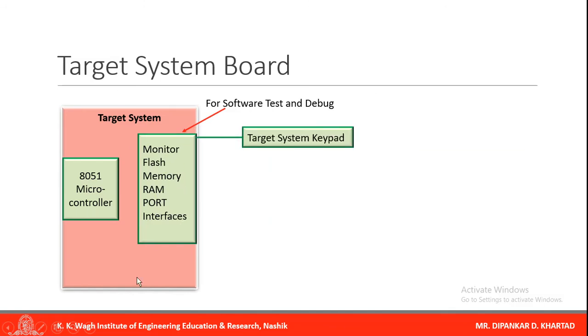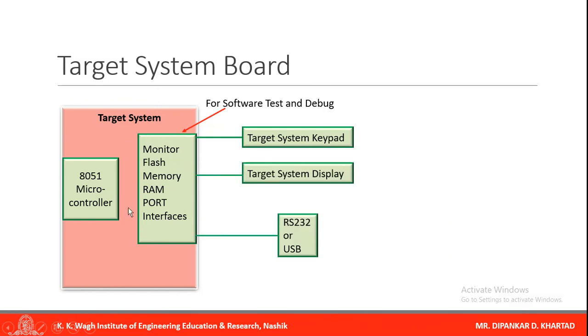Now this target system can interface a keypad, a display, and it will have an RS-232 or USB port. For what purpose? To run the program or to access this target system hardware. So by using the RS-232C port or USB port, from the PC we will access or program this target system.